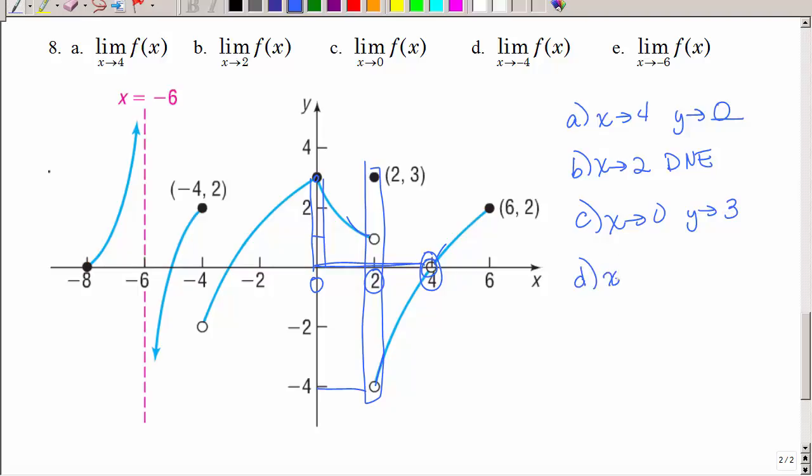Part D, x is approaching -4. That's out here. Again, a big mismatch. It's approaching the value of 2 on the left. It's approaching the value of -2 on the right of -4. Those are a mismatch. So again, we have does not exist. And the last one, as x approaches -6, where we have an asymptote.